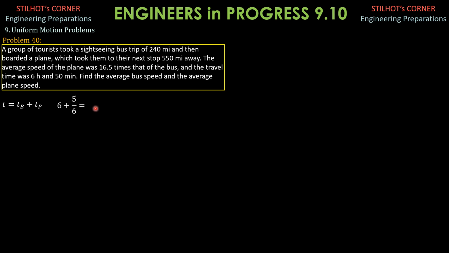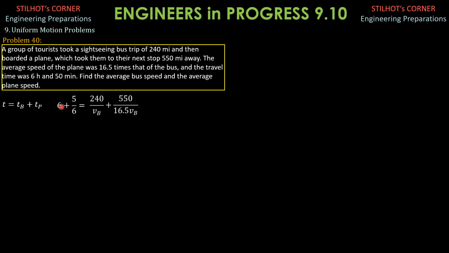So it is equal to the travel time for the bus, 240 divided by v, where v is the average speed of the bus, plus for the plane, 550 divided by the quantity 16.5 times v.